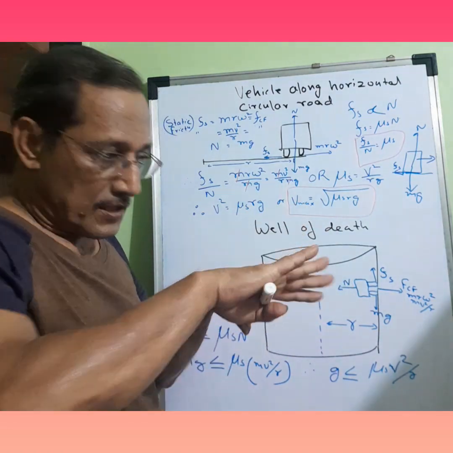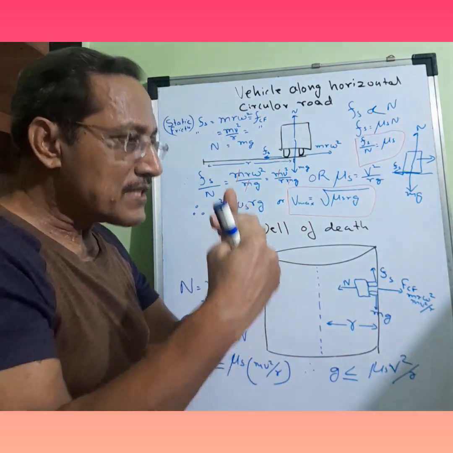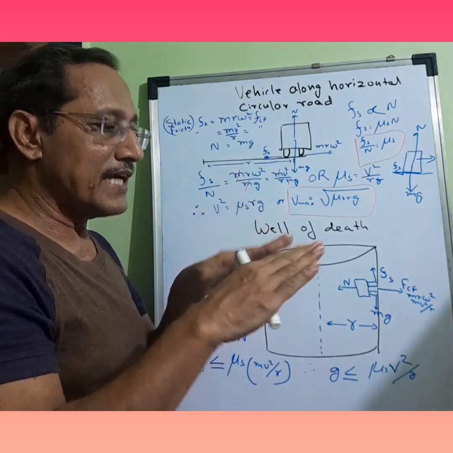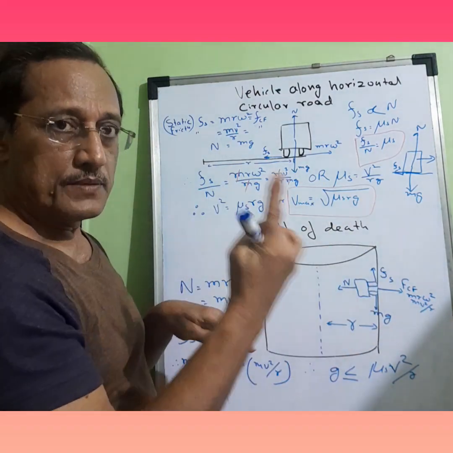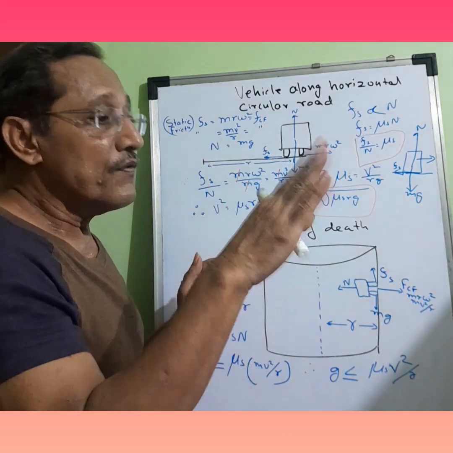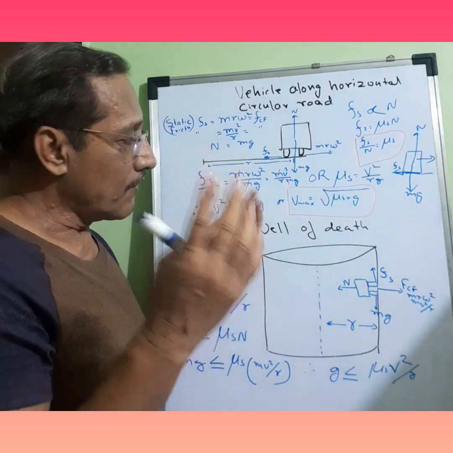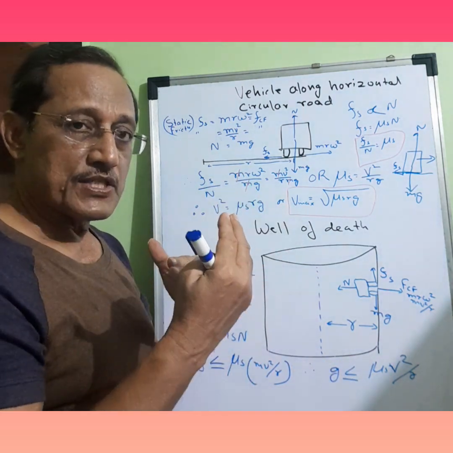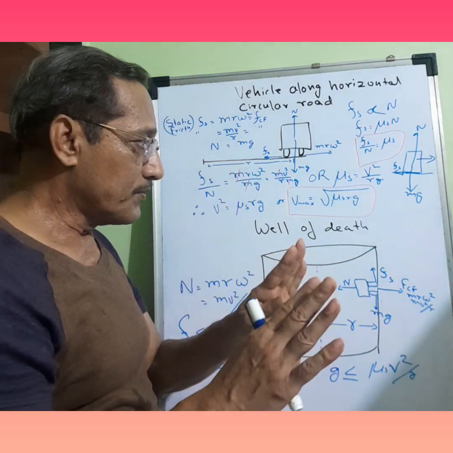Wherever it is not oily but smooth, you can go in with a slightly higher velocity than when you are moving on an oily horizontal circular road. When you are moving on a rough road, obviously Vmax could be much higher than oily or even plain. I hope this concept is clear.